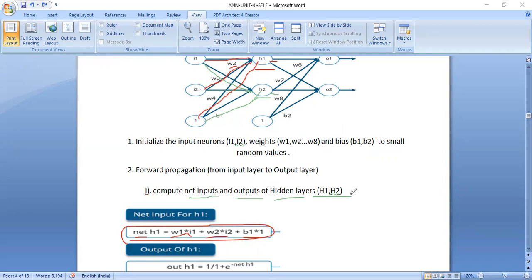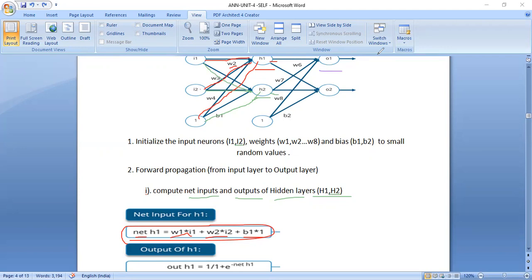Okay, after this, what we have to do? Then calculate net input of O1, output layer O1, then net input of O1, output of O1.